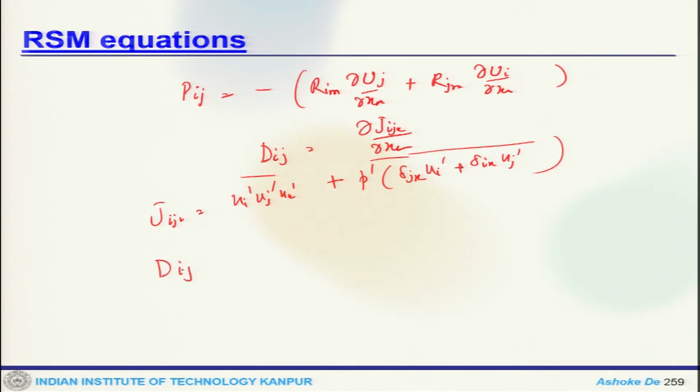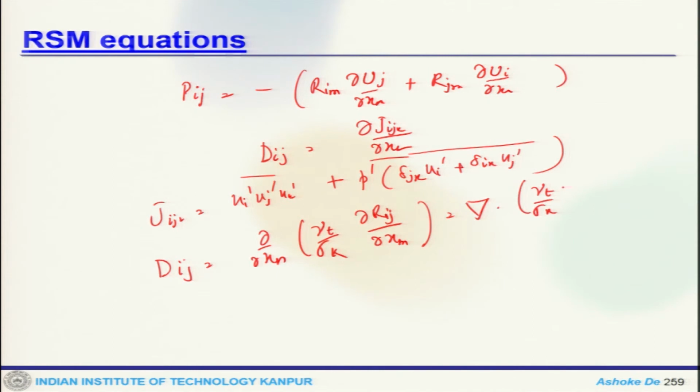Diffusive transport model Dij is del by del xm of nu t by sigma k del Rij by del xm, the divergence of nu t by sigma k grad Rij, where nu t is the turbulent kinematic viscosity and calculated in the standard way.